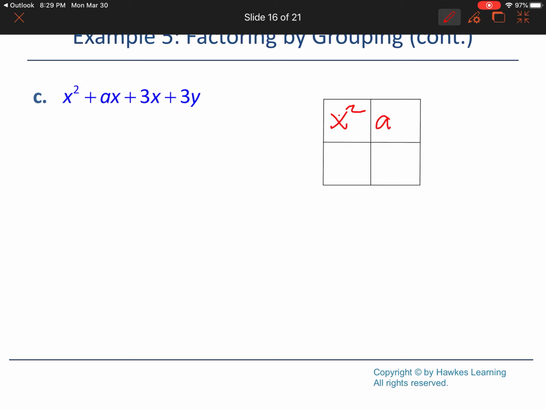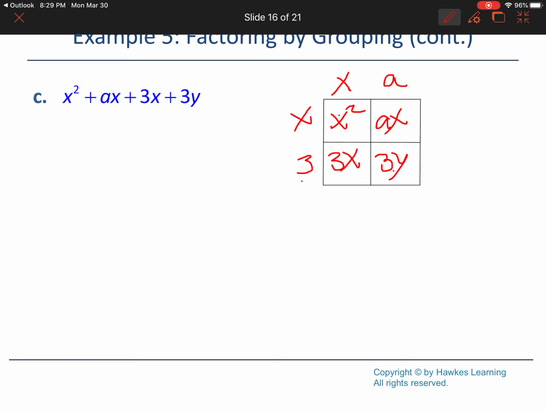Okay, I'm going to show you first with the box. Fill in all these 4 terms. Then I'm just going to go across the top. I'm going to pull out the common factor, which is x. This is going to be an x as well, since x times x is x squared. This has to be an a. Right, now I have an x here, so this has to be a 3.